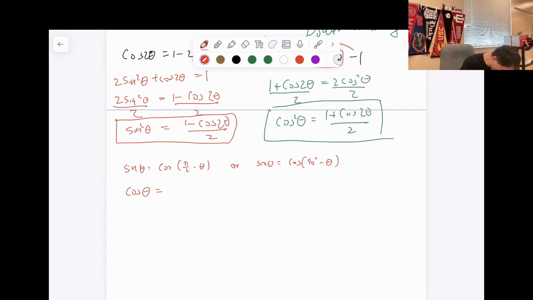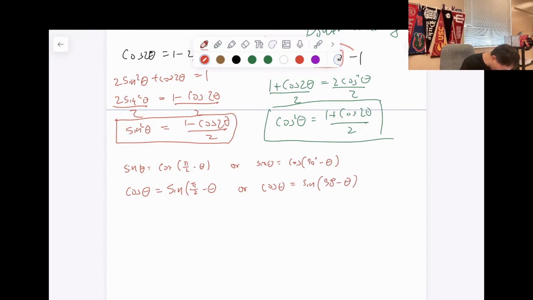Cosine of theta is equal to sine of pi over 2 minus theta, or cosine theta is equal to sine of 90-degree minus theta.